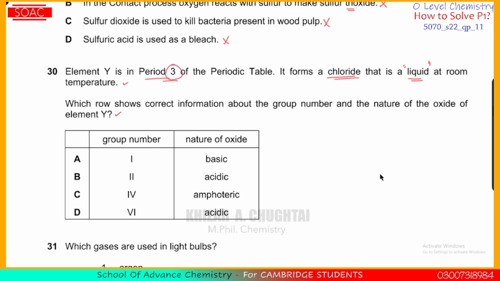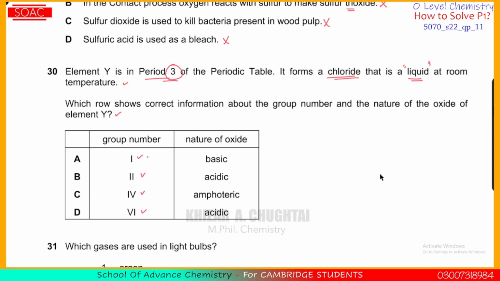It may be aluminium chloride, magnesium chloride, phosphorus chloride, and so on. But the options are group 1, group 2, group 4, and group 6.